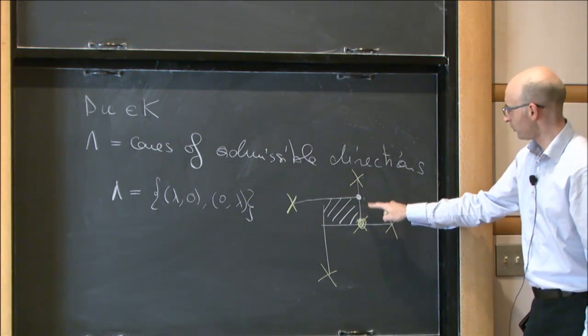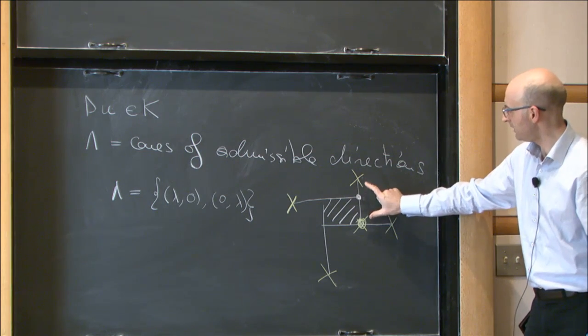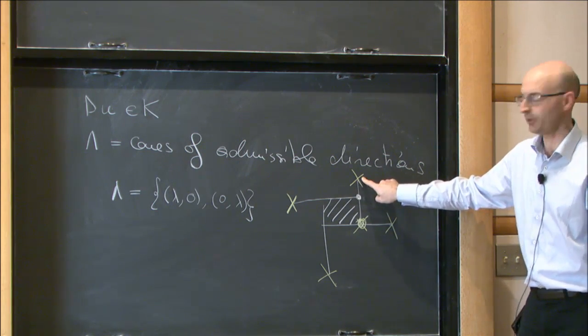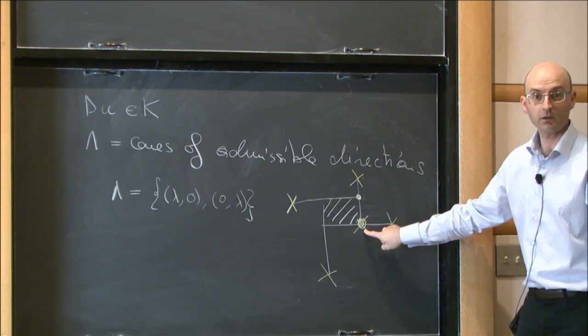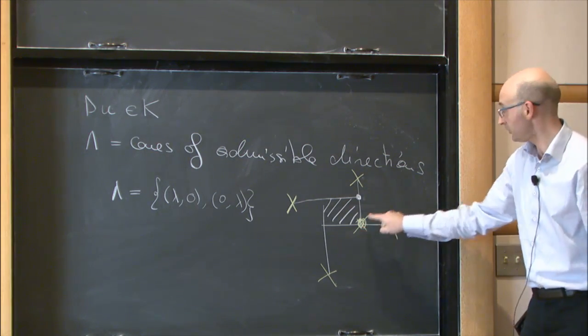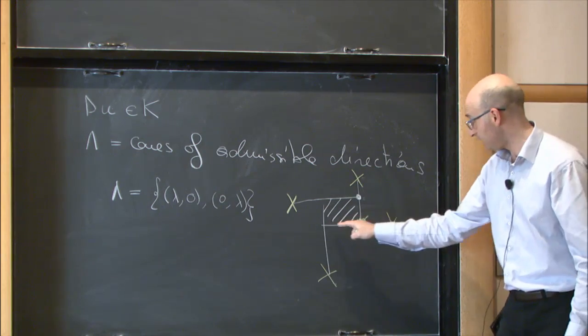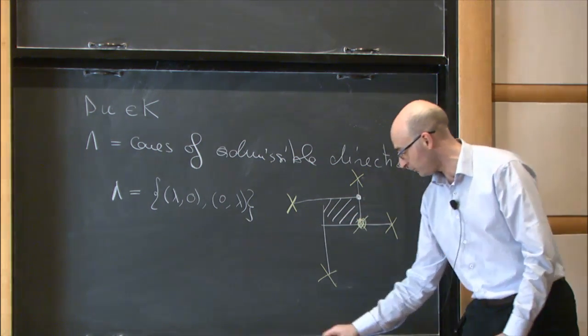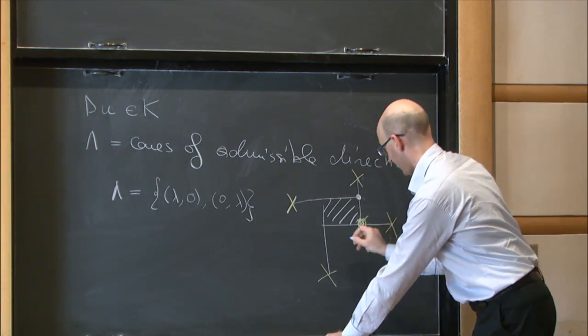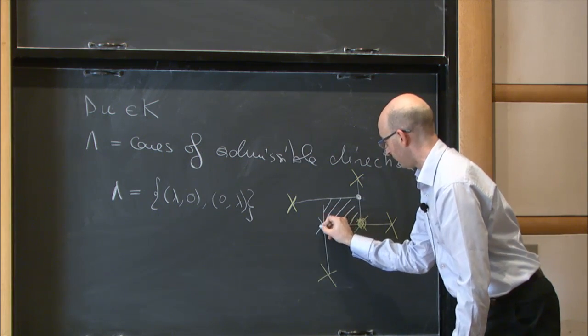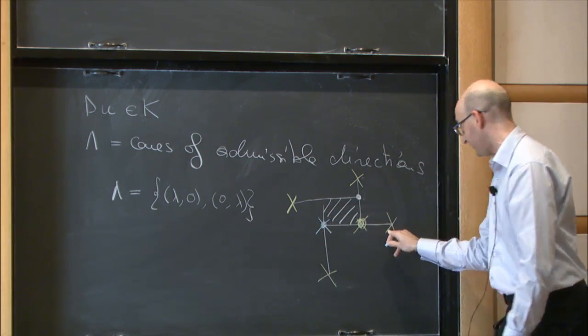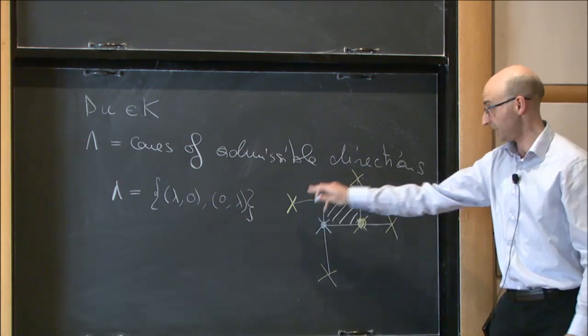If you write this point as a barycentric combination, you might use 1/2 of this point and 1/2 of that. Of course, this one is not in the set of four points you start with. But you can iterate the procedure, because now you can write this point as a convex combination of the blue point and another point in your starting set.